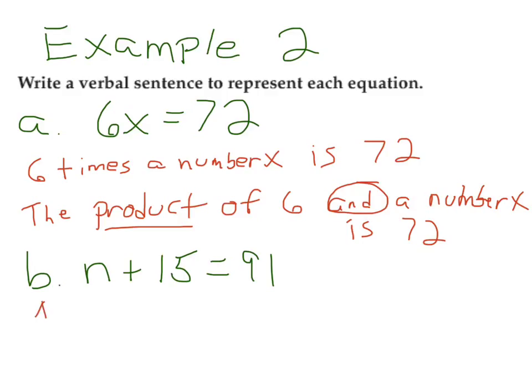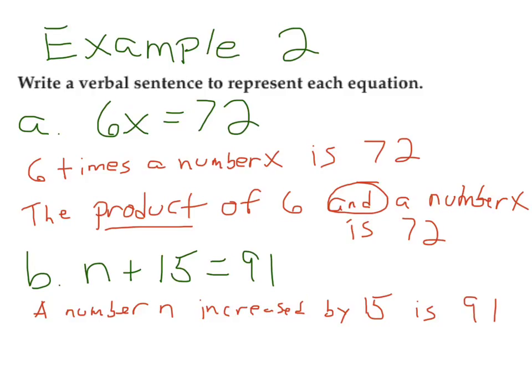So we're going to go with a number n. And how are we going to say that that number needs to have 15 added to it? Let's use increased by. A number n increased by 15 is, because we're talking about the equal sign, 91.